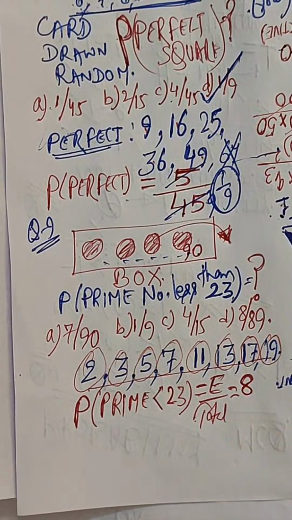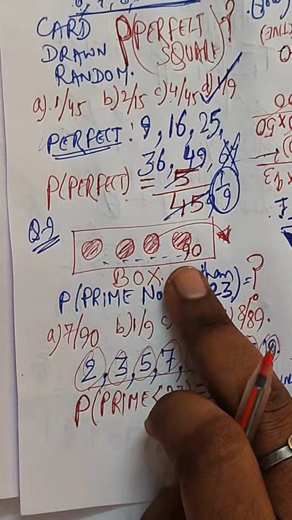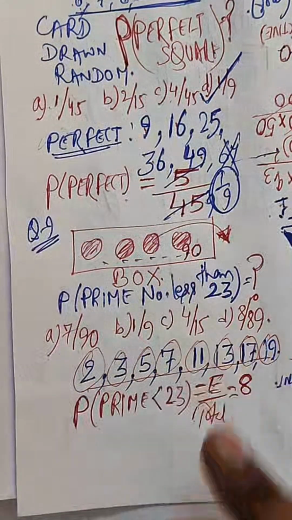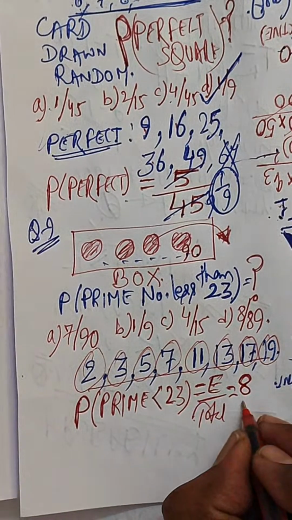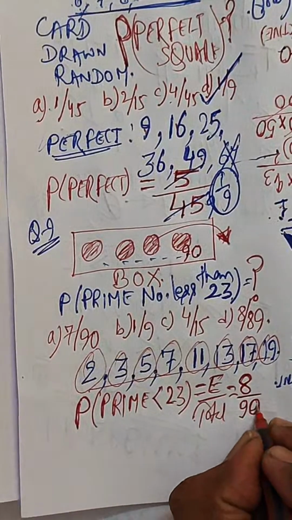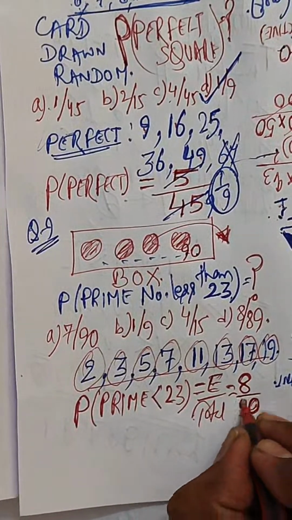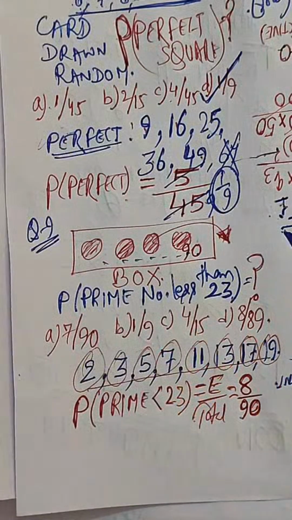And the discs which are contained in the box are 90. So total 8 by 90 is your probability. But you can see from here 8 by 90 is none of the options, right?